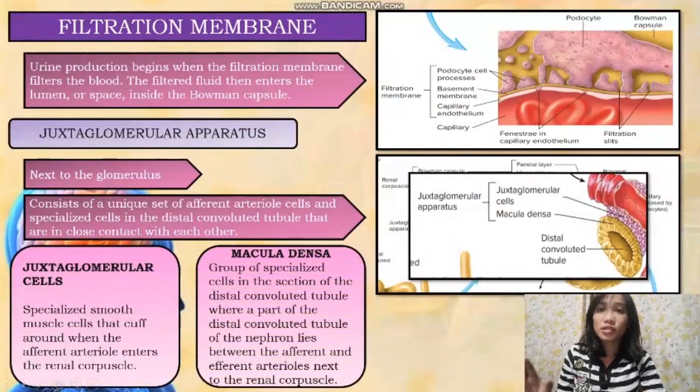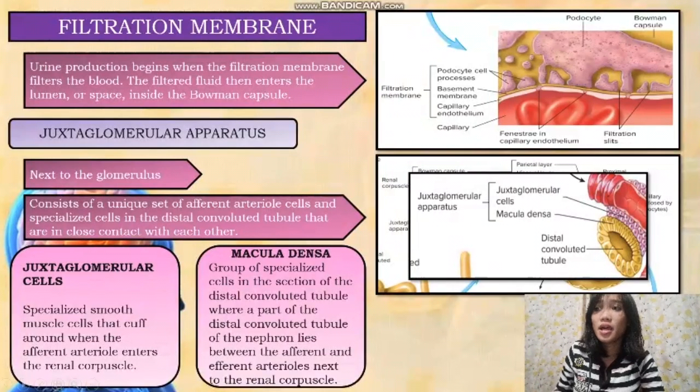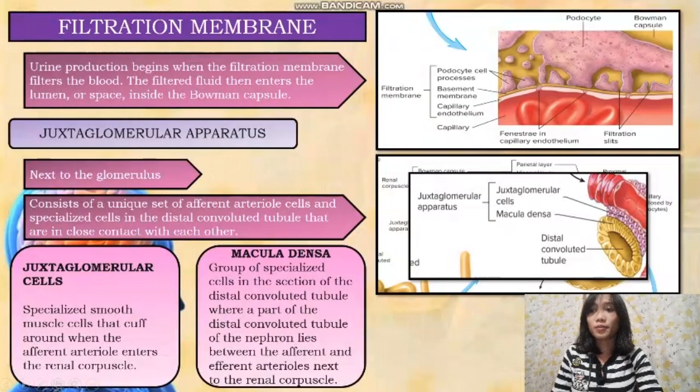So these juxtaglomerular cells are specialized smooth muscles. These are the juxtaglomerular cells that cuff around the afferent arteriole as it enters the renal corpuscle.